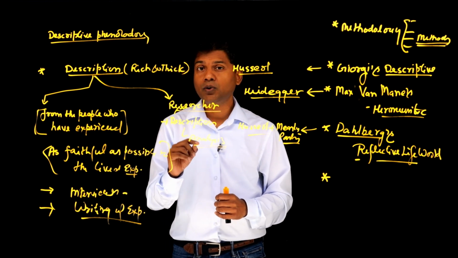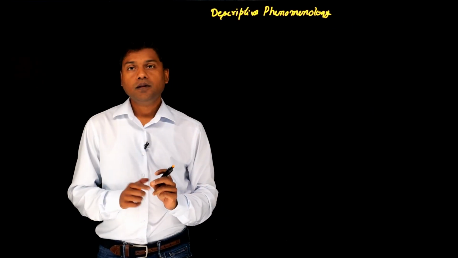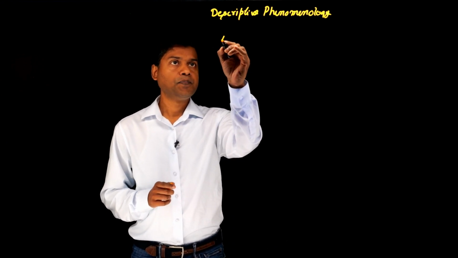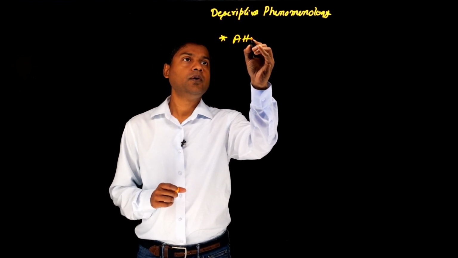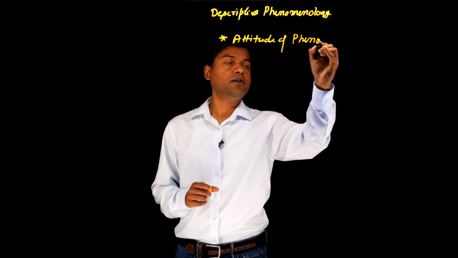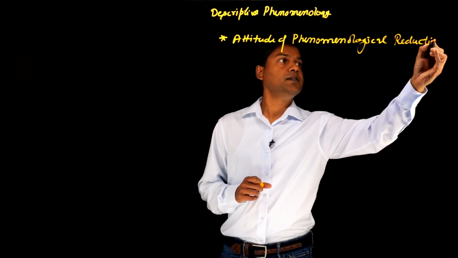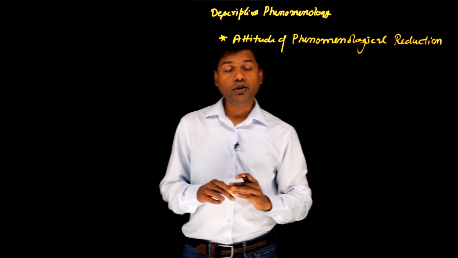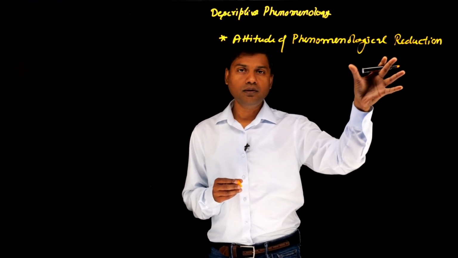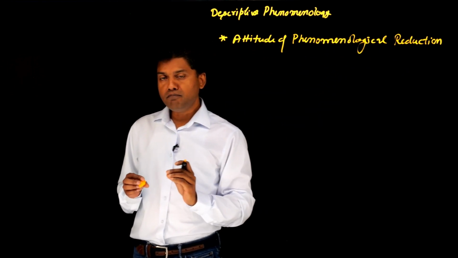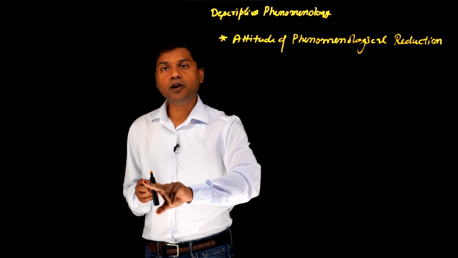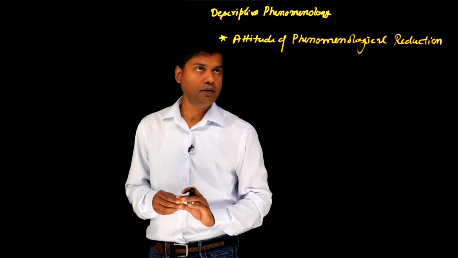Now let's talk about the second characteristic. The second characteristic of descriptive phenomenology is the attitude of phenomenological reduction. This term was invented by Husserl himself, and he used it to describe the methodology to explore, to study a phenomenon.